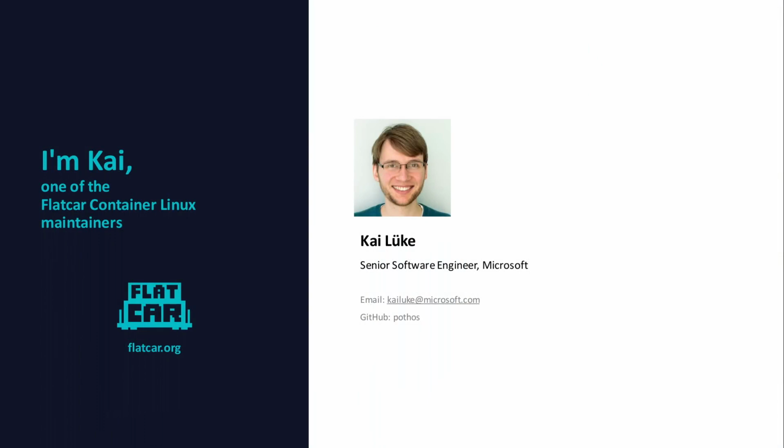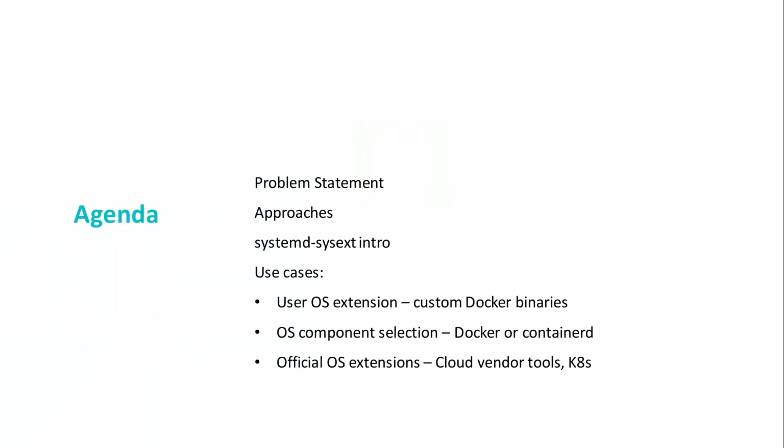And Flatcar is a minimal server operating system that has image-based AB updates and a read-only user partition, but more about this later when we show some use cases for systemd-sysext. And we'll next have a closer look at the problem space and the different solutions that are there and the pros and the cons.